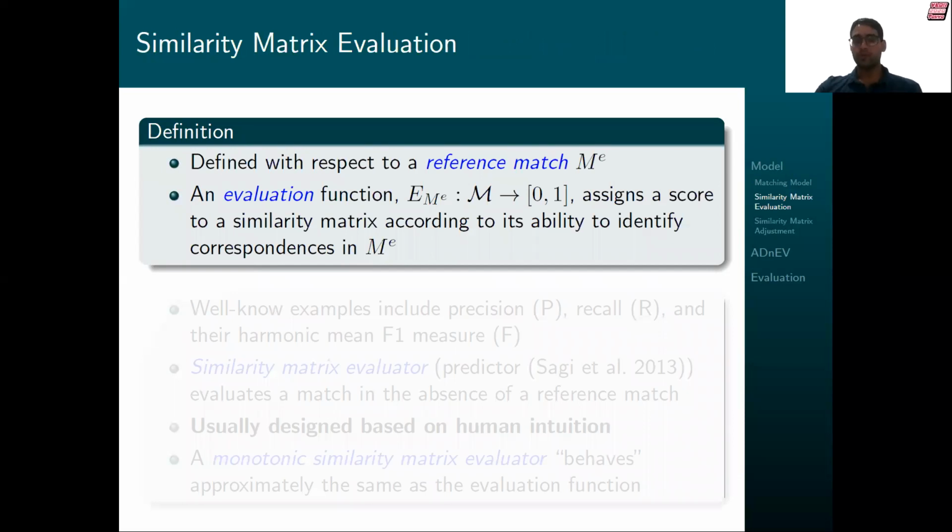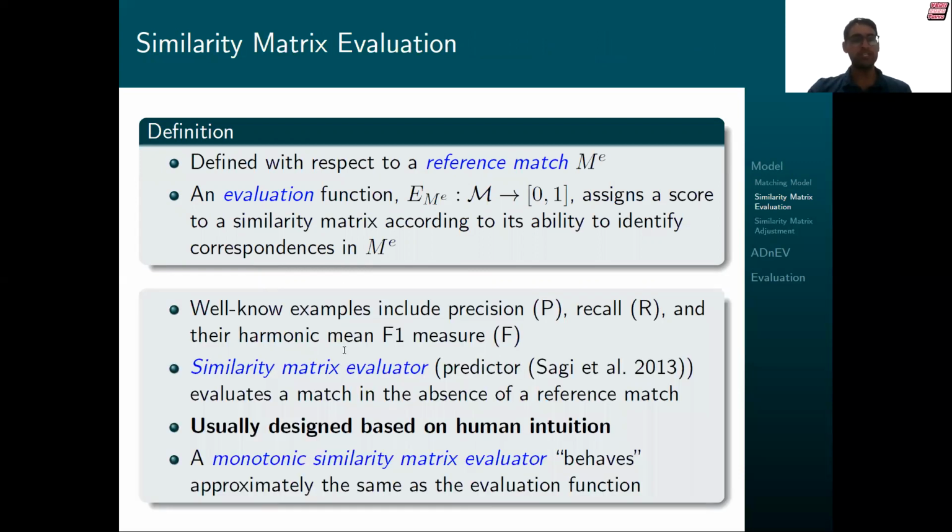In this work, we focus on two tasks applied over similarity matrices. The first is evaluation, aiming to assess a matrix ability to identify correct correspondences. Common examples include precision and recall.